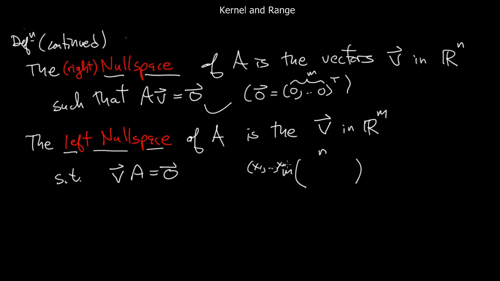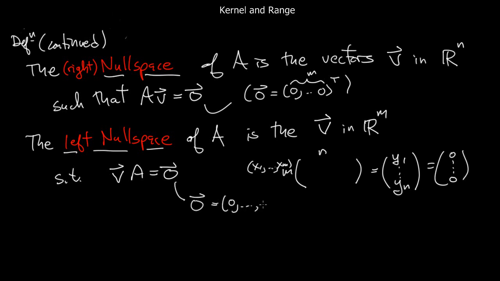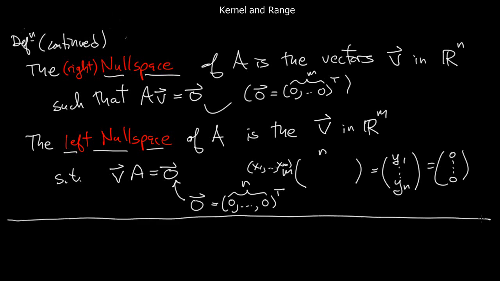I'm multiplying an m vector by an m by n matrix, so I'm getting an n vector. And I'm asking that this be 0. So the 0 that I'm talking about here is the 0 vector with n coordinates. And I put the transpose up here just to remind you that this is actually a column vector. Being a little bit sloppy with my column vectors and row vectors here.